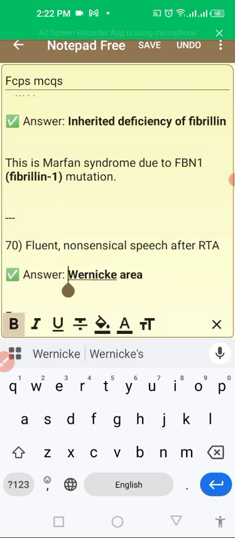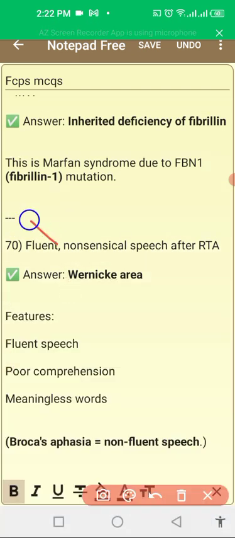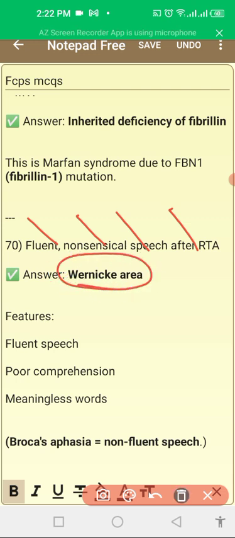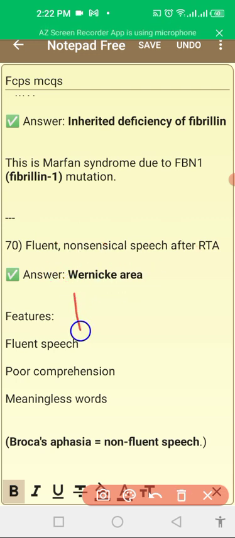So Wernicke's area: a patient having fluent nonsensical speech after a road traffic accident, meaning no sense in the speech, that is Wernicke's area. And in Broca's area, there are broken words and non-fluent speech.